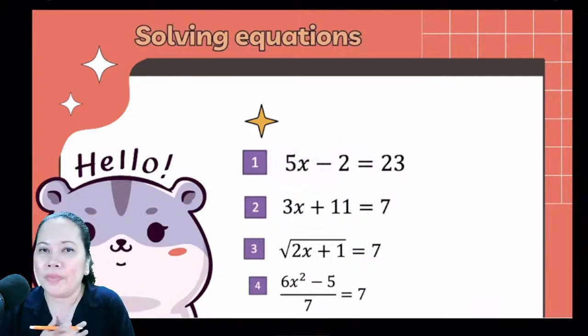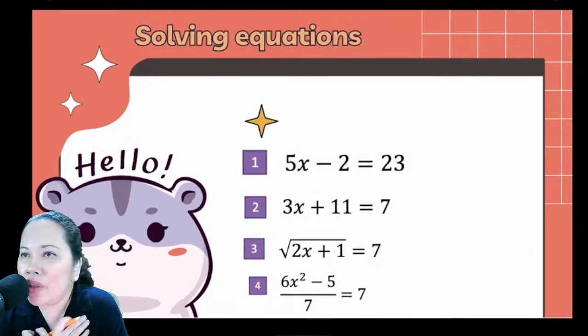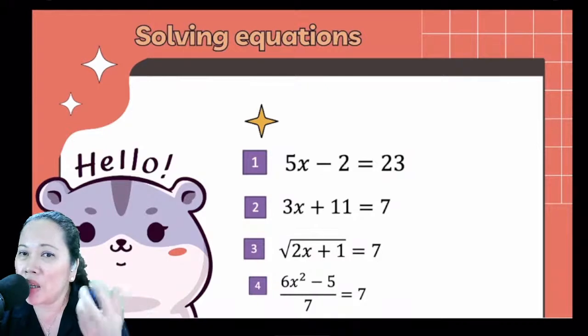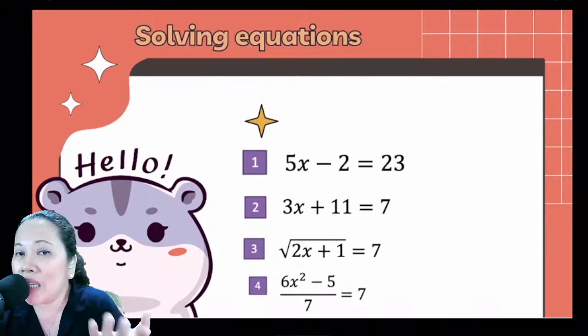All right. The next part of our revision will be equations. So this is a mix of different types of equation. We have a squared equation, we have a linear equation, we have a quadratic equation, we have a radical as well.